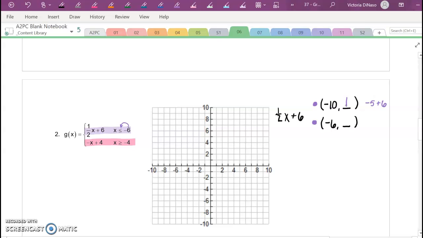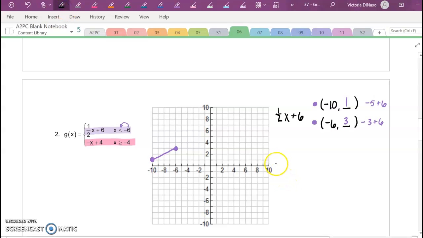So we're going to put a closed circle at -10, +1. In the next one, we have -6 for x. So we have half of -6, which is -3. -3 plus 6 is +3. So we have -6, +3. Connect.